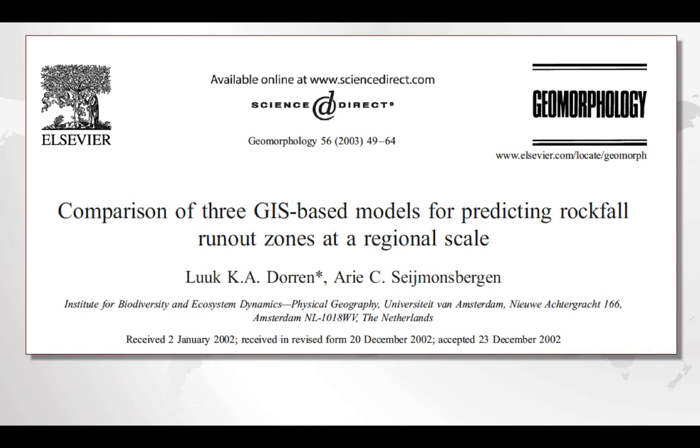This is from a paper that came out in 2003 in Geomorphology, and it's a comparison of 3 GIS-based models for predicting rockfall runout zones at regional scales in the Alps. I think this is kind of interesting.